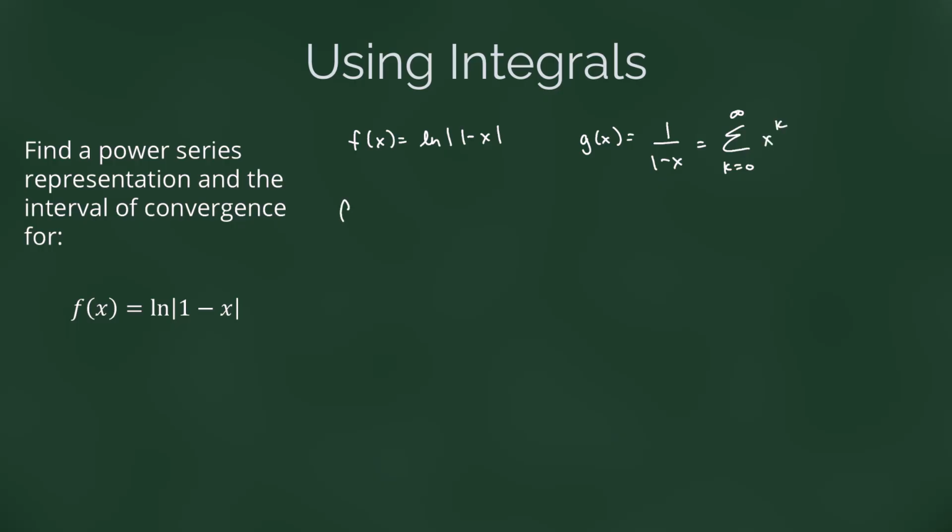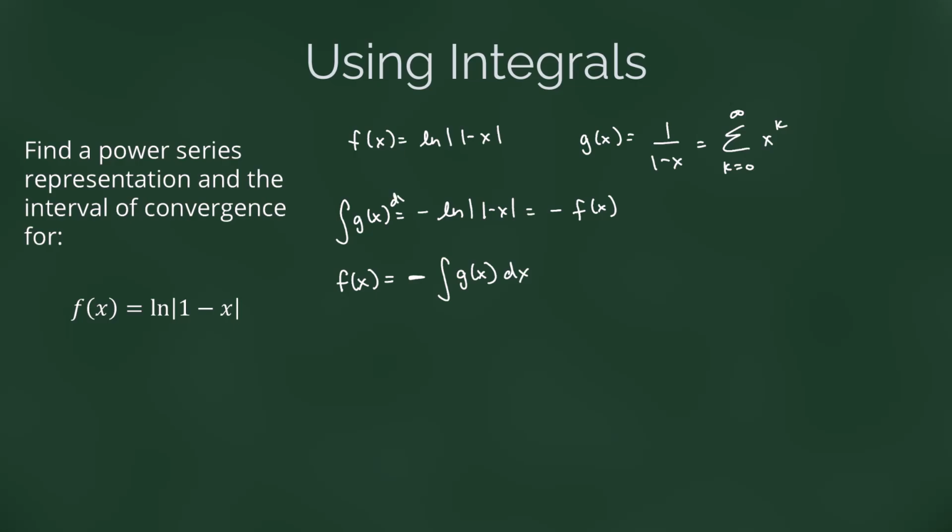Notice here that if we take the antiderivative of g of x, we get the negative natural log of the absolute value of 1 minus x, which is negative f of x. So we know that f of x is going to equal the negative integral of g of x dx.